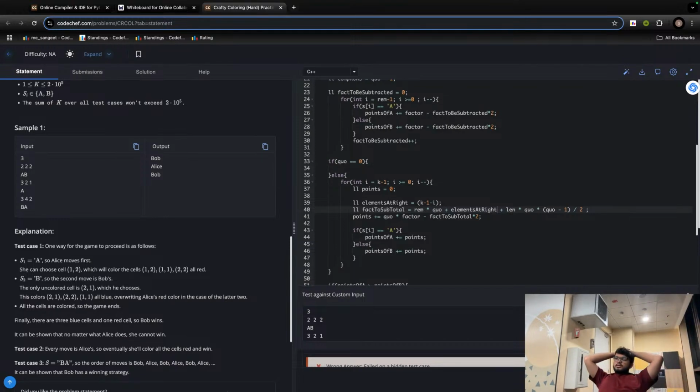Yeah, it's correct. These minus 2. Yeah, it is correct.